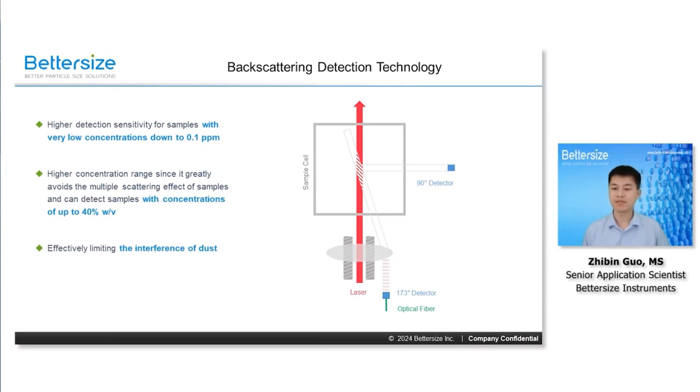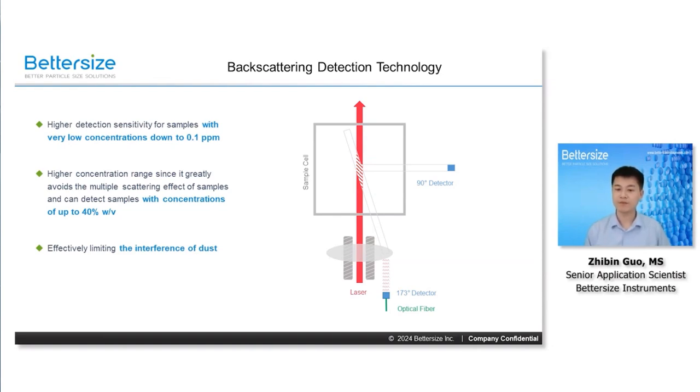The BeNano enhances the conventional 90-degree detection method in DLS analyzers by employing a sophisticated 173-degree backscattering system. This advanced design allows for intelligent adjustment of the detection position through the lens movement, optimizing performance based on different sample types and concentrations.